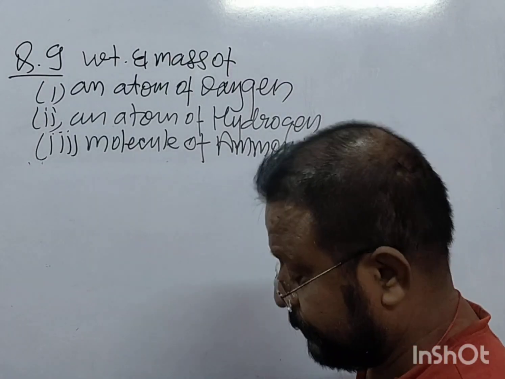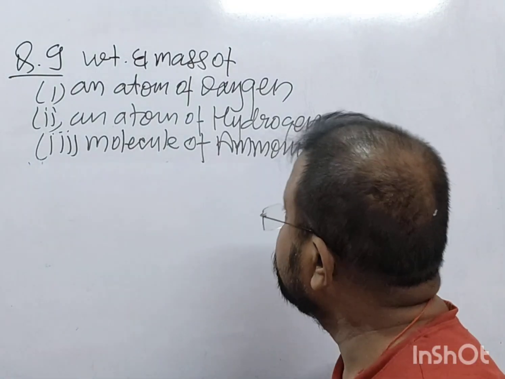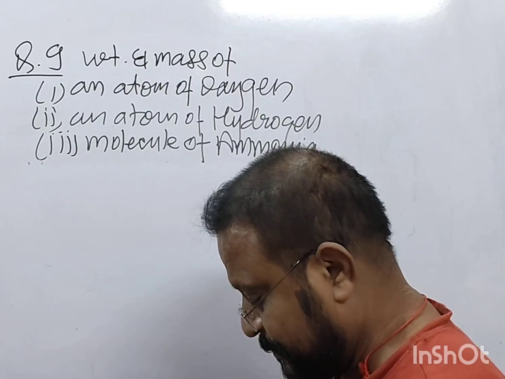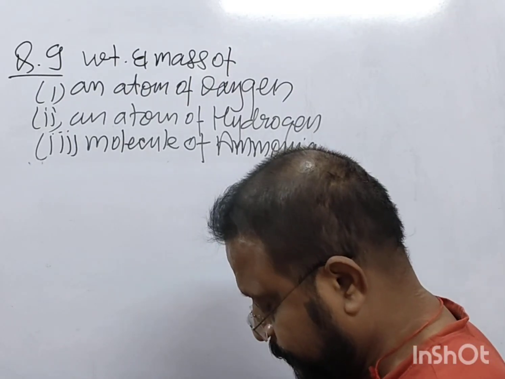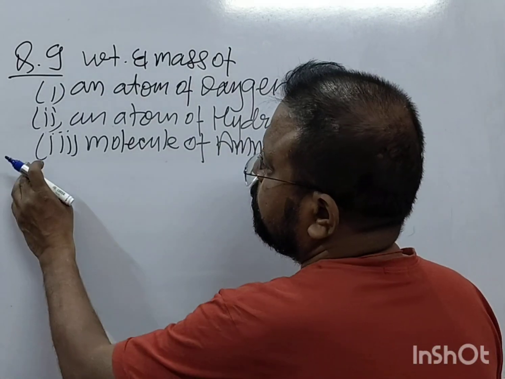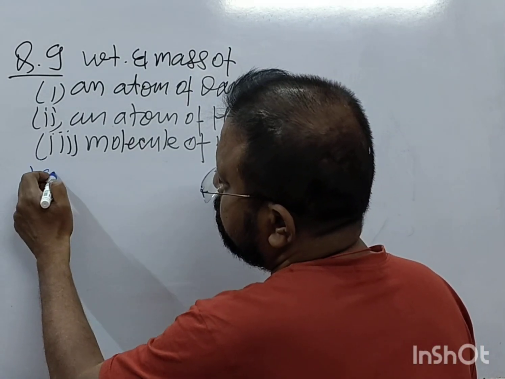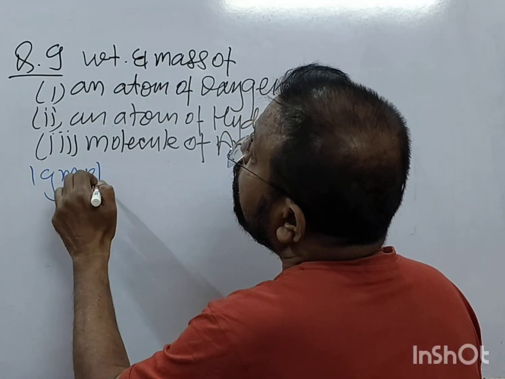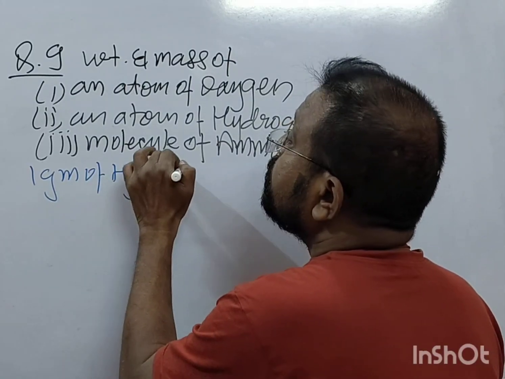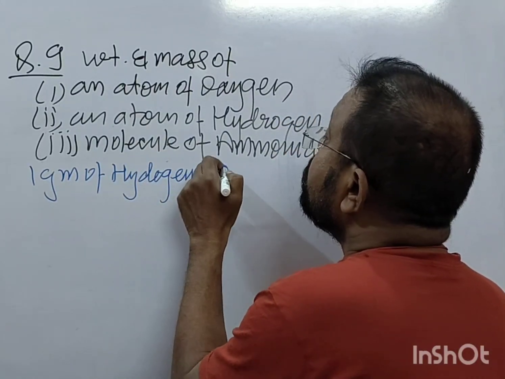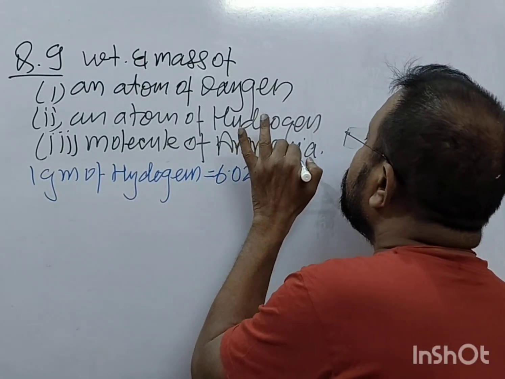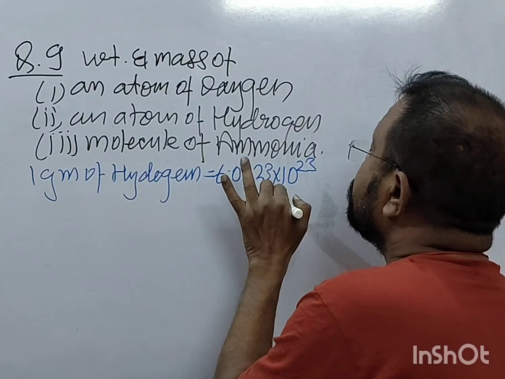Now, for the hydrogen atom. 1 gram of hydrogen is equal to 6.0223 into 10 to the power 23 atoms.